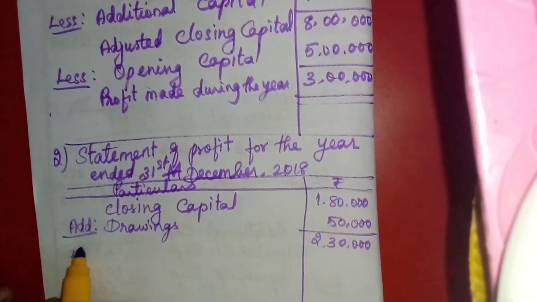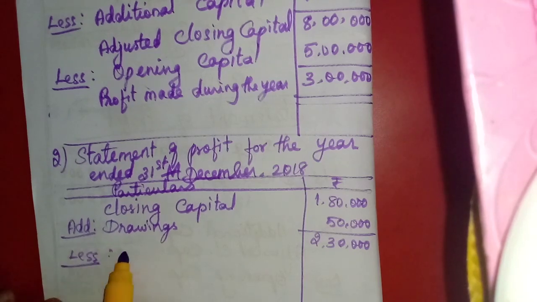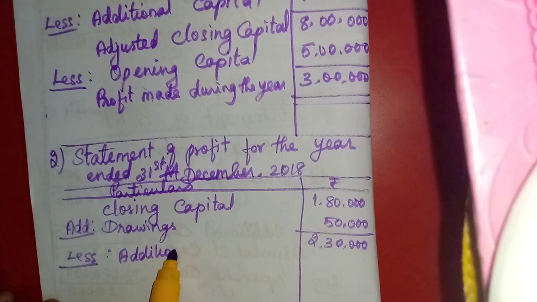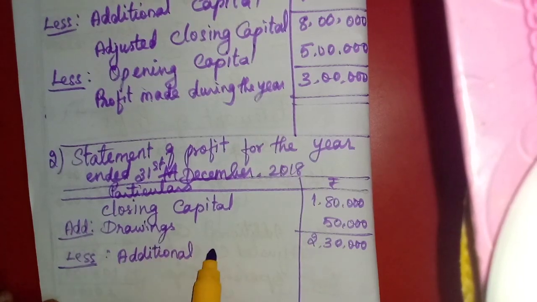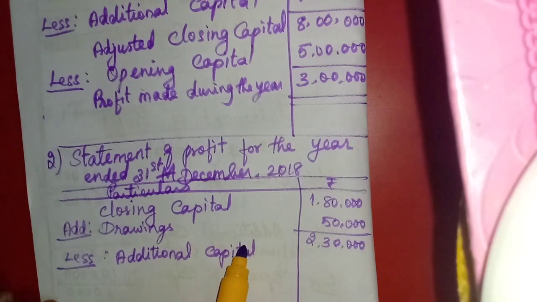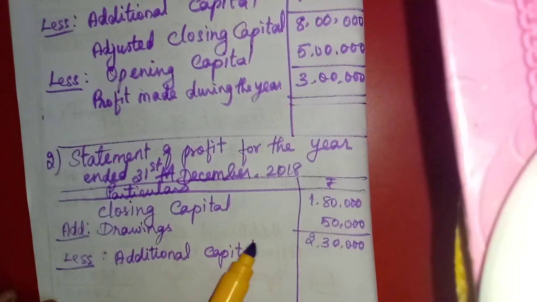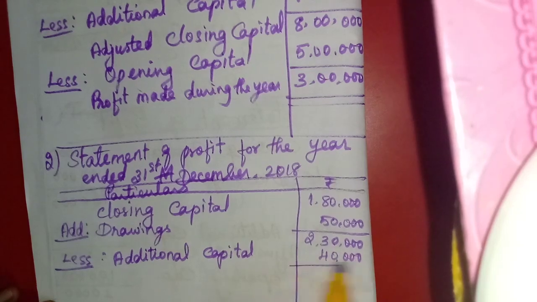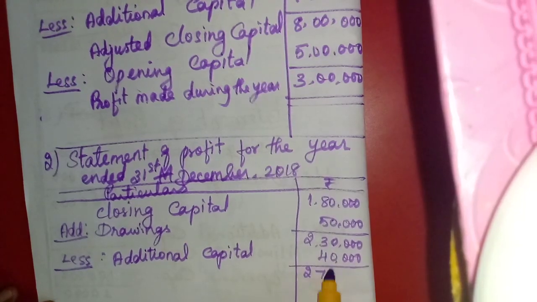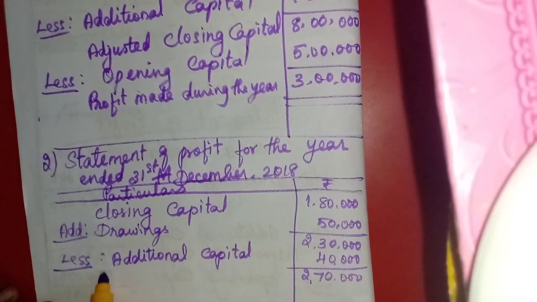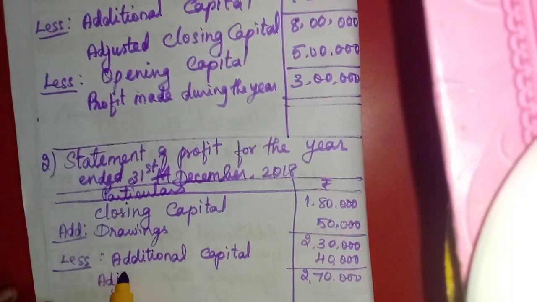Okay, less additional capital, 40,000. So 2,70,000. This is called adjusted closing capital.